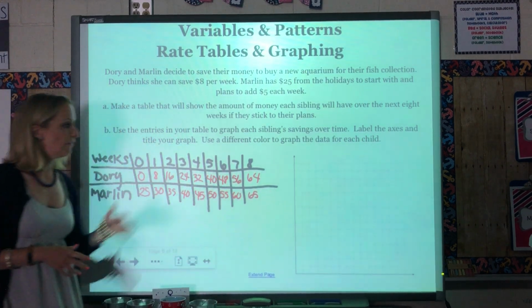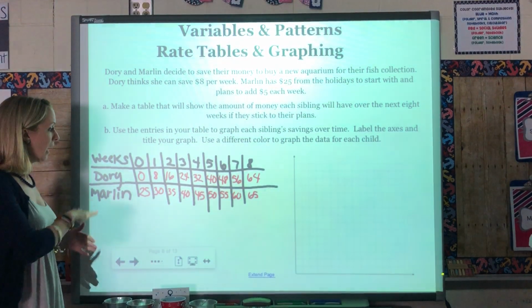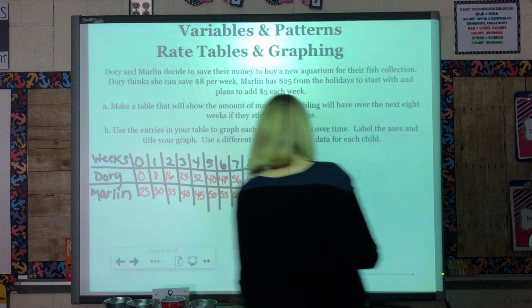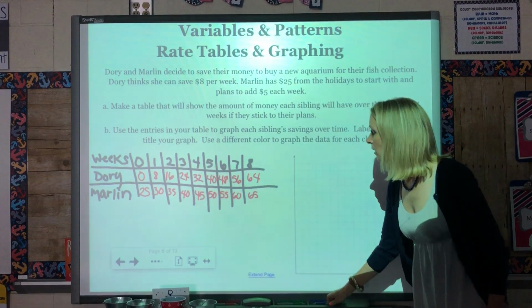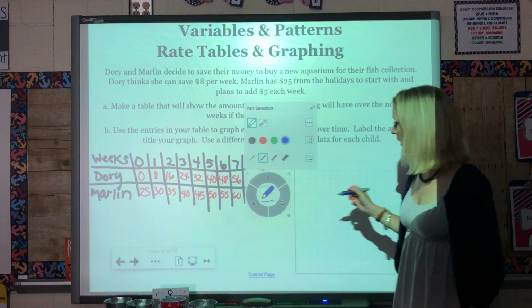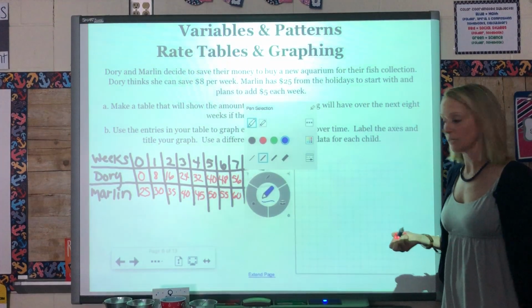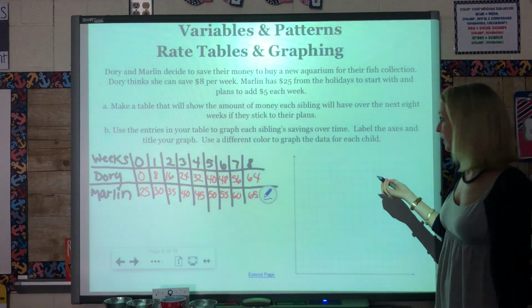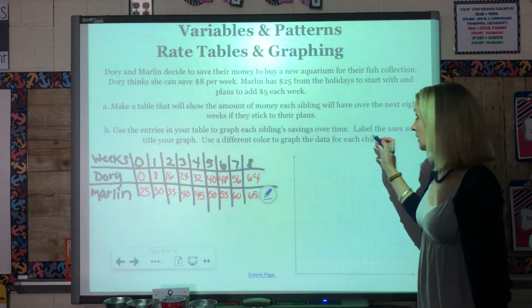And I want to now graph this because I want to see on a graph how they are saving their money each week. So I'm going to come over here and set up my graph. The first thing I want to do is I need a title. So my title is going to be Aquarium Savings.